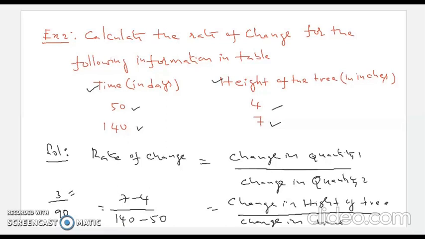This is equal to 1 by 30, that is 0.033 and so on. So what does 0.033 represent? The rate of change of height of the tree with the time in days is 0.033 inches per day.